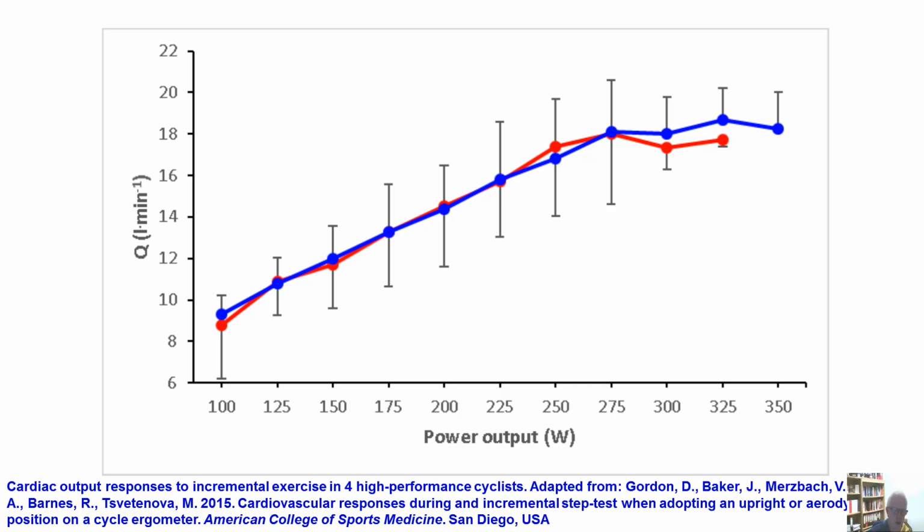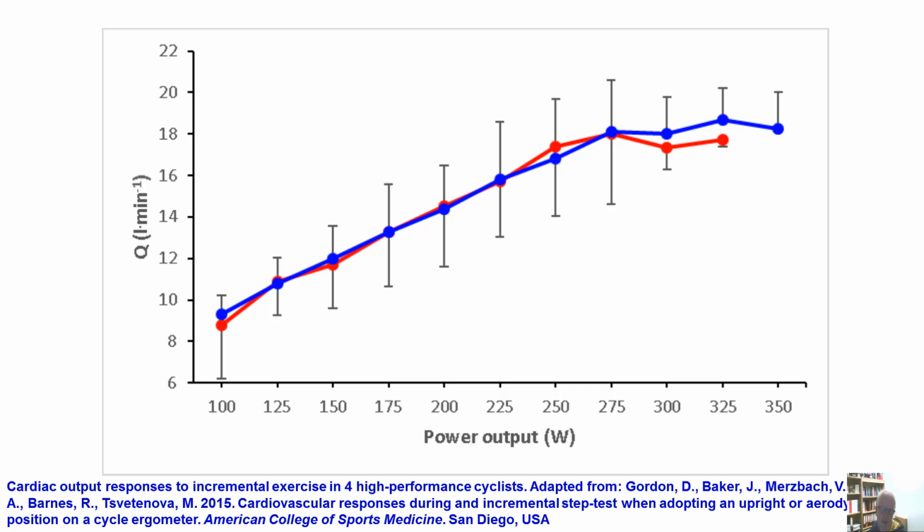Here you can see, rather than presenting the data as percentages of VO2 max, we're presenting the data as absolute power outputs. And again, the error bars are showing the variation within our group, but it's a uniform response under both conditions. It starts to level out towards the end of the test, but it's a pretty linear response all the way up from about 100 to 275 watts, as we saw on the previous schematic.